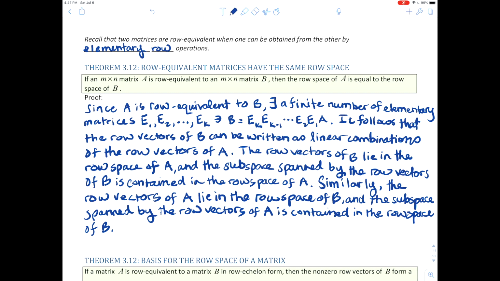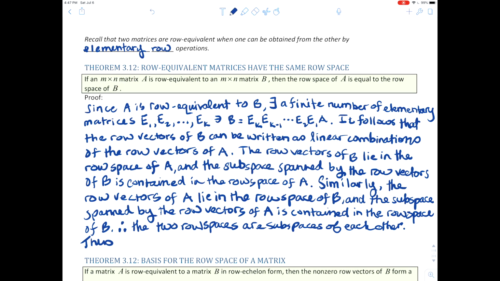So therefore, the two row spaces are subspaces of each other. Thus, the row spaces are equal.